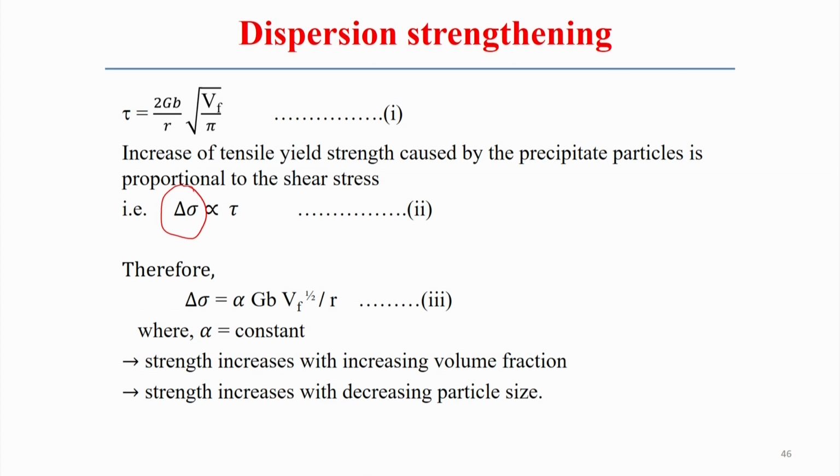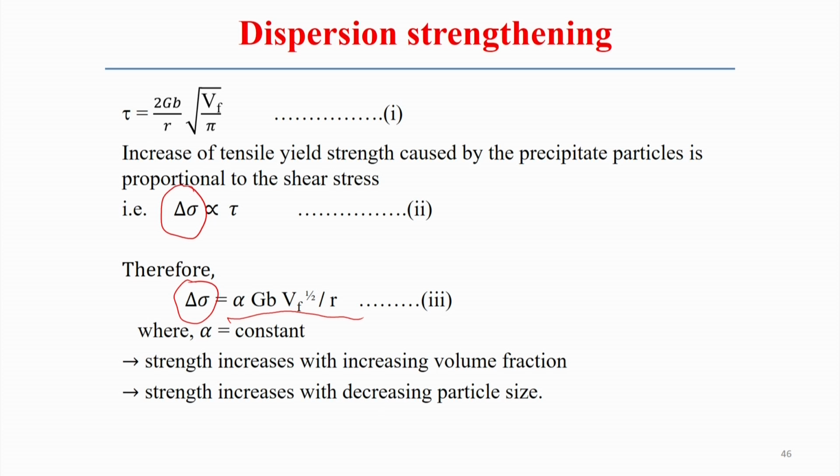Therefore the increment of the stress we can represent as alpha G b Vf to the power half divided by r. So the increment of the yield strength is mainly a function of the volume fraction and the particle size. Other terms are constant for a specific material or alloy system. Now alpha is a constant.